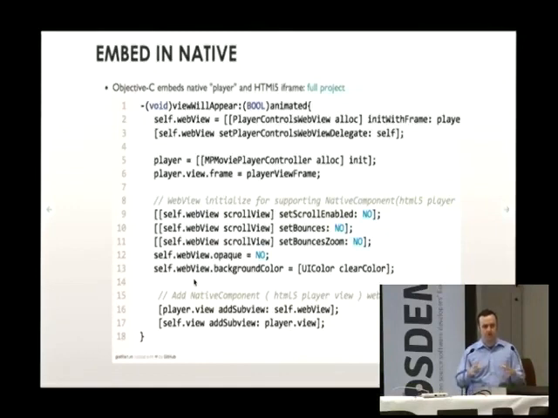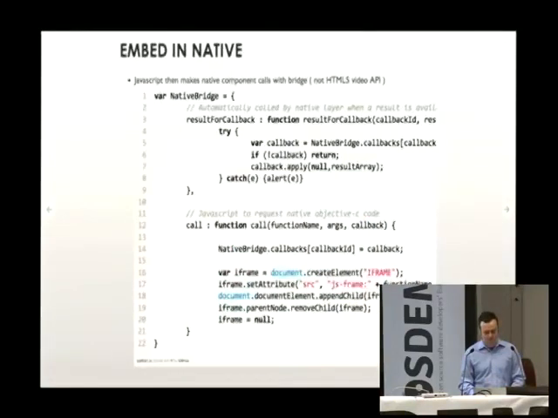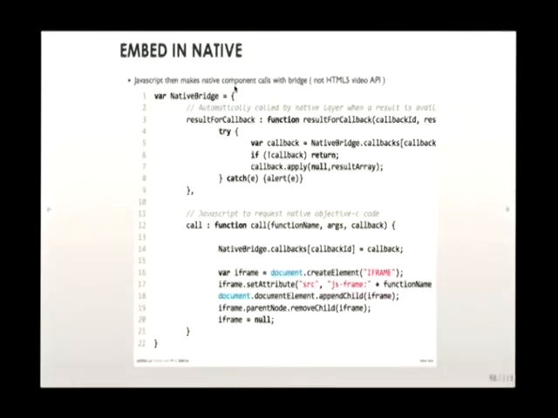So basically the iOS or the Android media framework exposes their video player in that context, and then we're able to play with that instead of the HTML5 API. And that lets us get around a lot of the restrictions. When the JavaScript actually goes to communicate with the native component, it's going to call the native bridge as opposed to the HTML5 API.